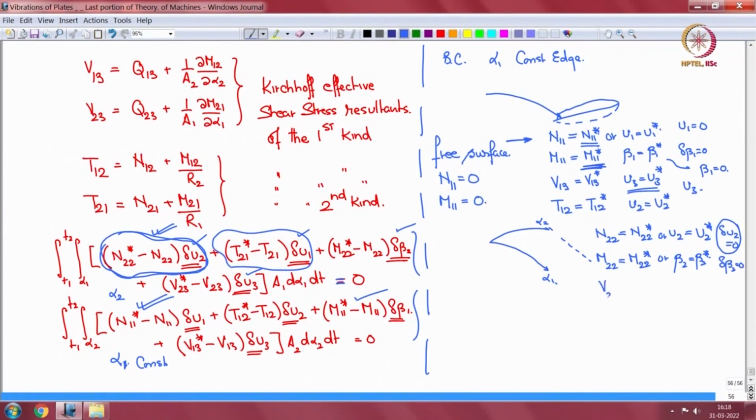Similarly, the first kind shear is equal to what is applied exterior, or U3 is specified. And lastly, T21 is equal to T21 star, or U1 is specified.